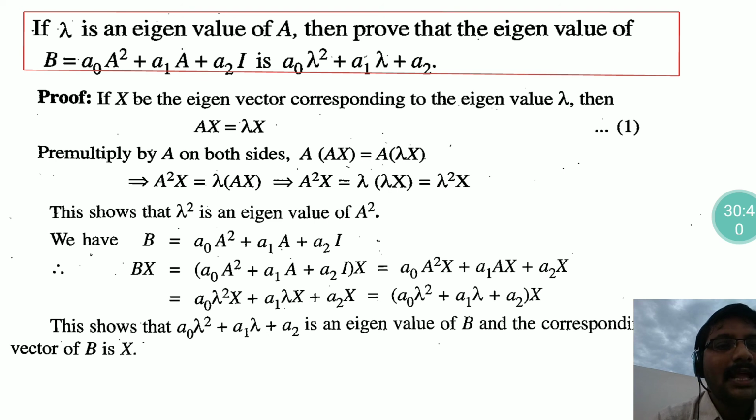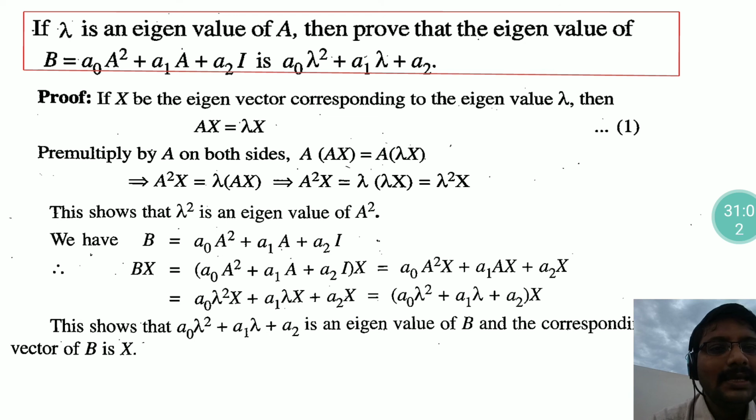That is a0 lambda square x plus a1 lambda x plus a2 x. Just taking the common x, we will have a0 lambda square plus a1 lambda plus a2 of x. So Bx equals a0 lambda square plus a1 lambda plus a2 of x.